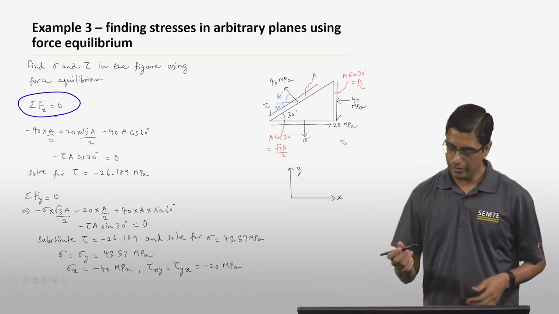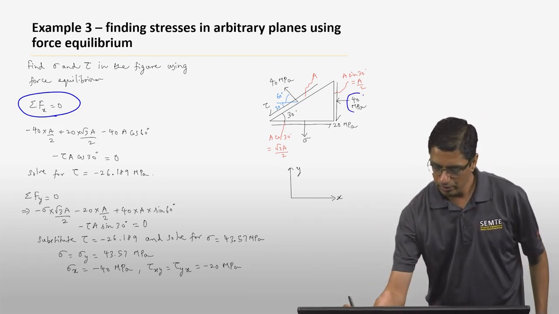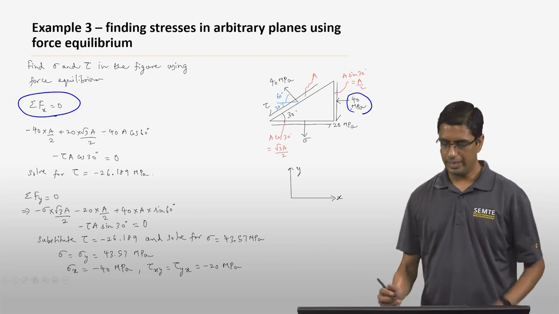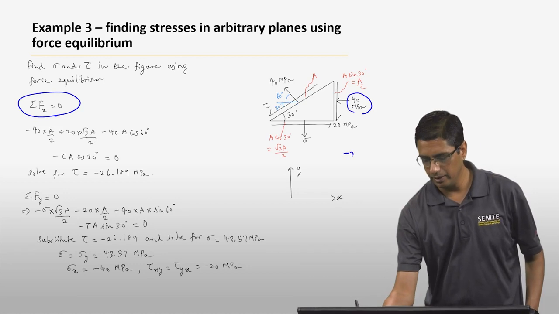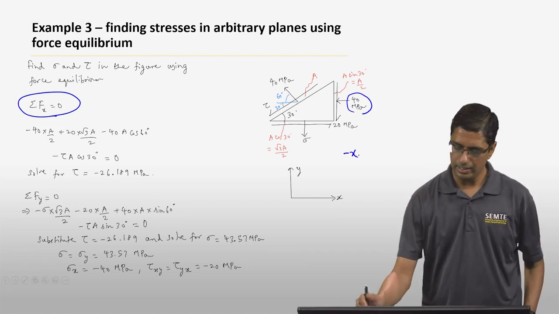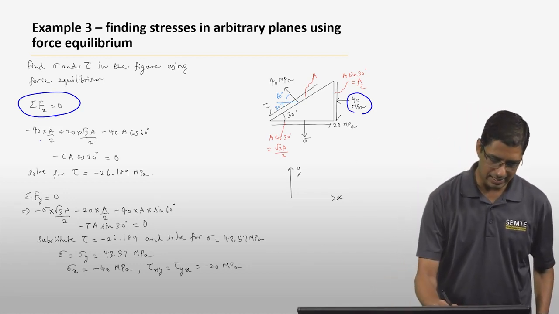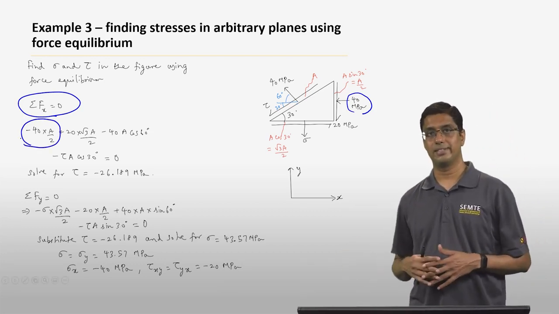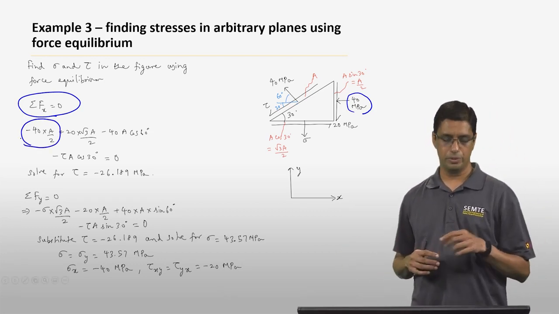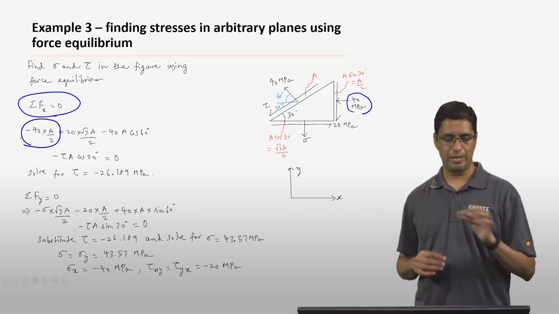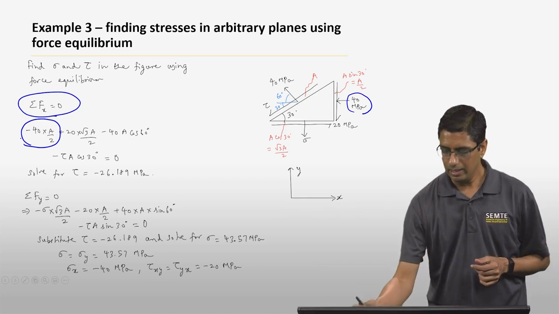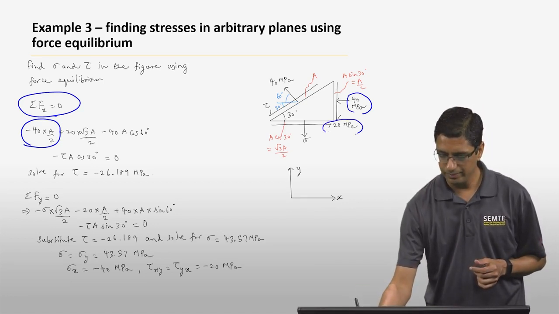If you look at this stress here, that is going to cause a force in the minus x direction. So that is why this term here has a negative sign. And the area over which that stress is acting is A over 2. So that term is minus 40 times A over 2. Then let's look at this shear stress here.